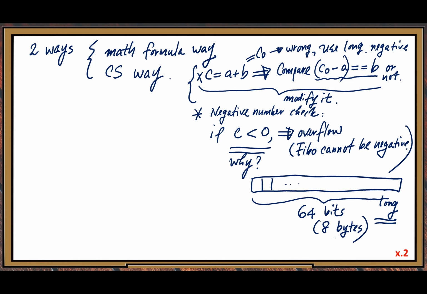Because we choose long, that means signed long. Signed long, the first bit is used as the sign bit. Sign bit, 0 or 1, 1 means it's a negative number.